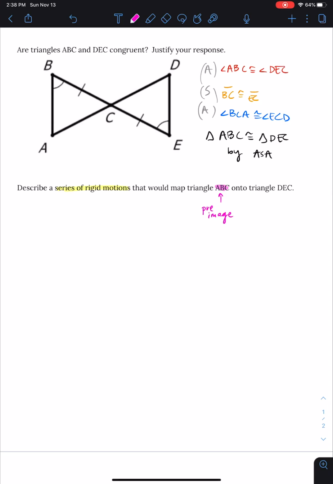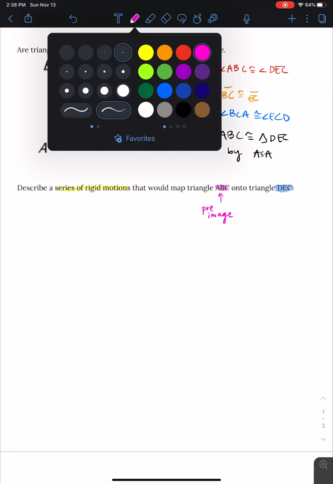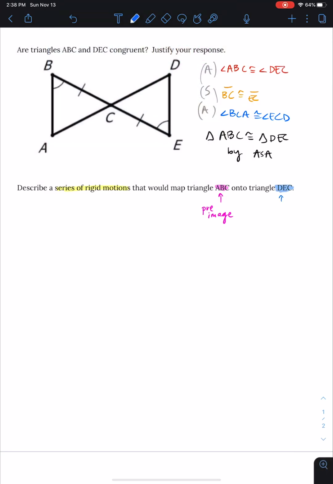So how can we map triangle ABC onto triangle DEC, leaving triangle DEC to be the image? A lot of you joke and call it the post image or the after image. So we're starting with triangle ABC and we want to map it onto triangle DEC.